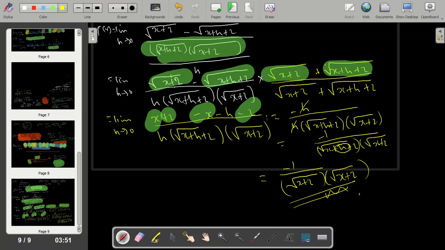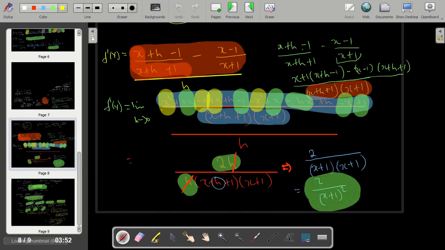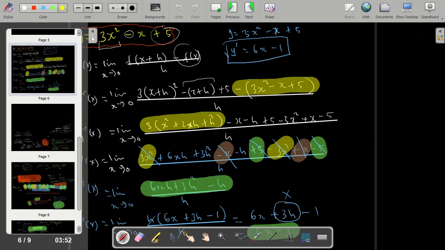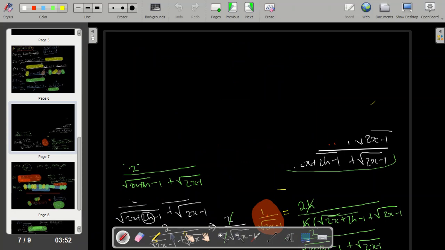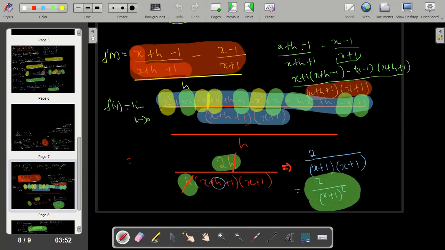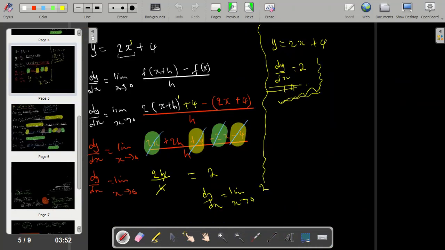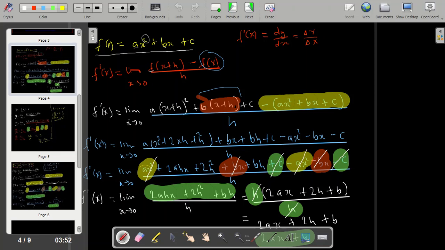Okay, so hopefully you found this one helpful, and hopefully there are no things that have been left hanging, all issues sorted out. Okay, so this is about differentiation from first principles.